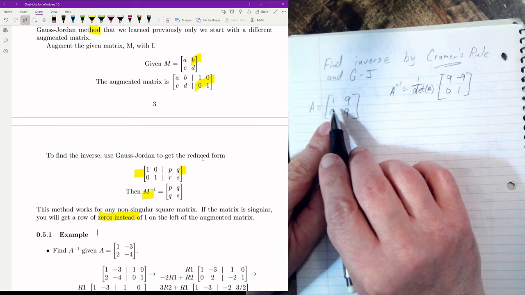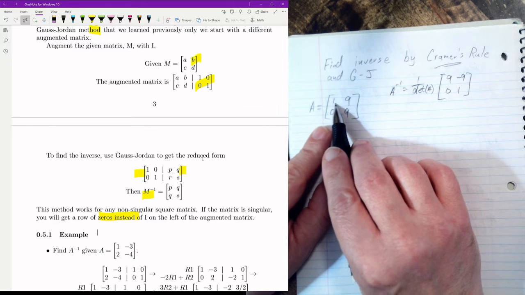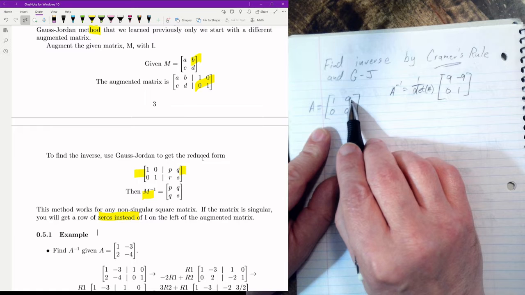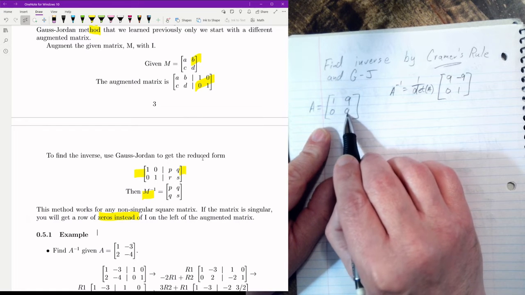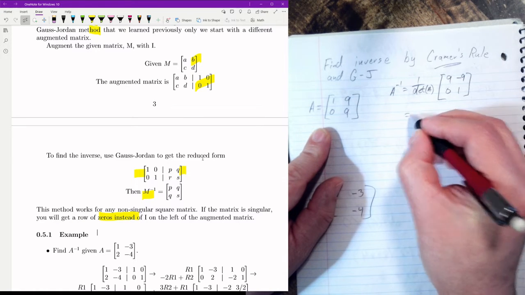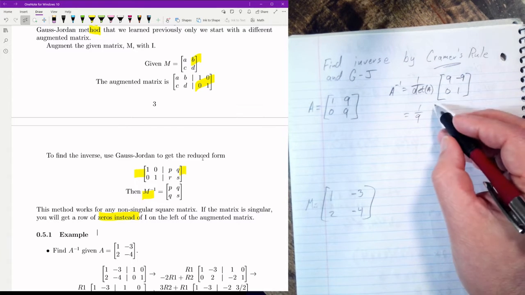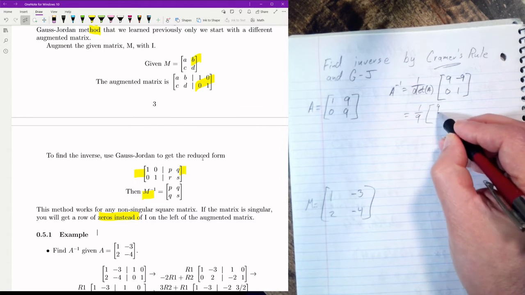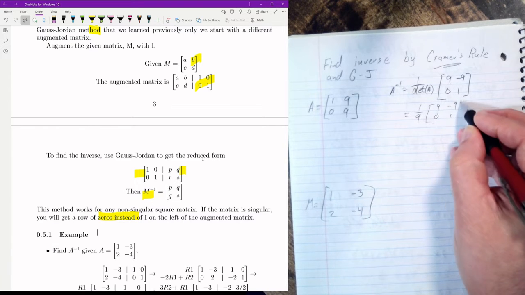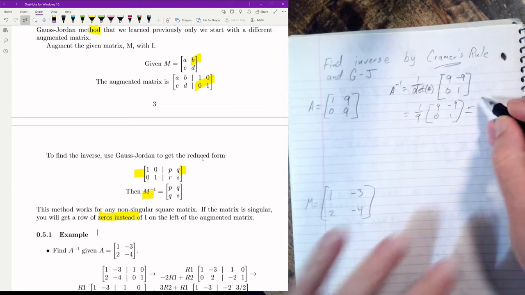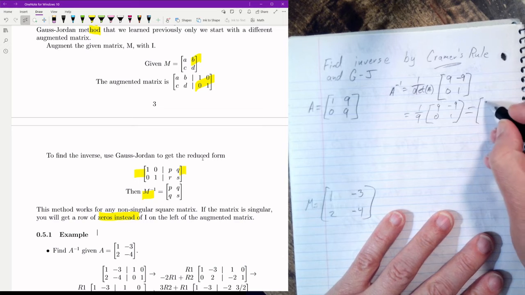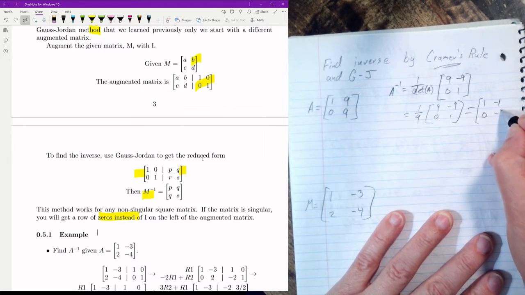What is the determinant of this? 1 times 9, so 1 minus, so 9. So this is equal to 1 divided by 9 times 9, 0, minus 9, 1. Multiplying that through, we have 1, 0, minus 1, and 1/9.